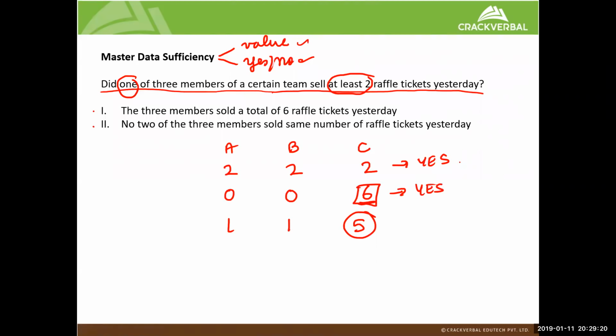I mean, the minimum across the board for all 3 people. So I'm not able to disprove this statement. This statement is giving me enough information to say that there is always going to be one person who sells at least 2 raffle tickets yesterday. So the first statement clearly is sufficient.